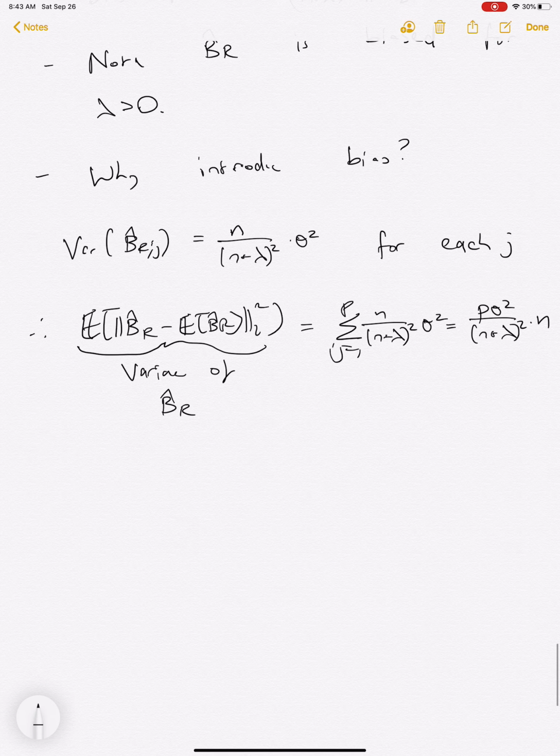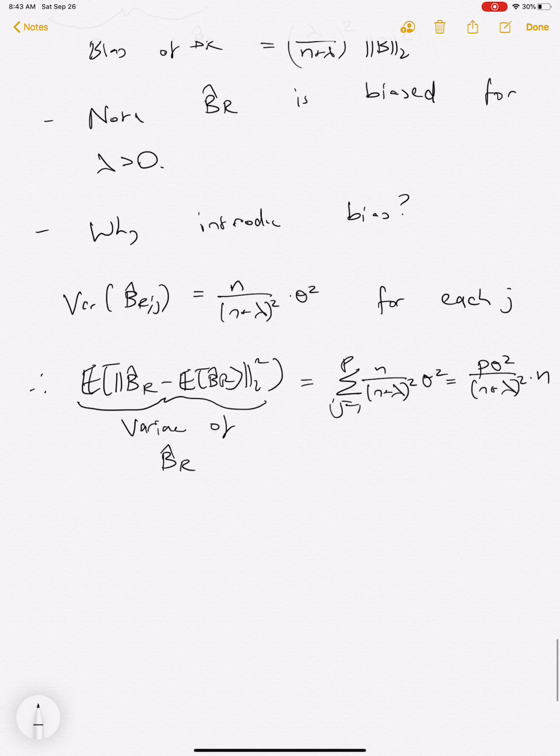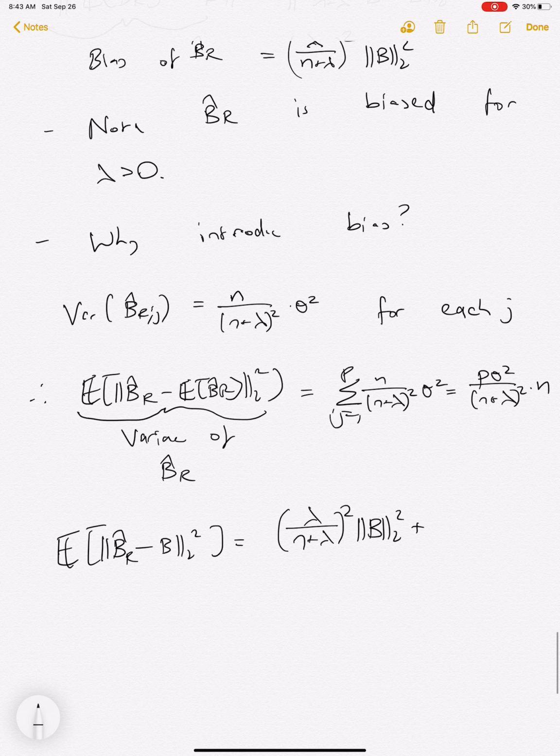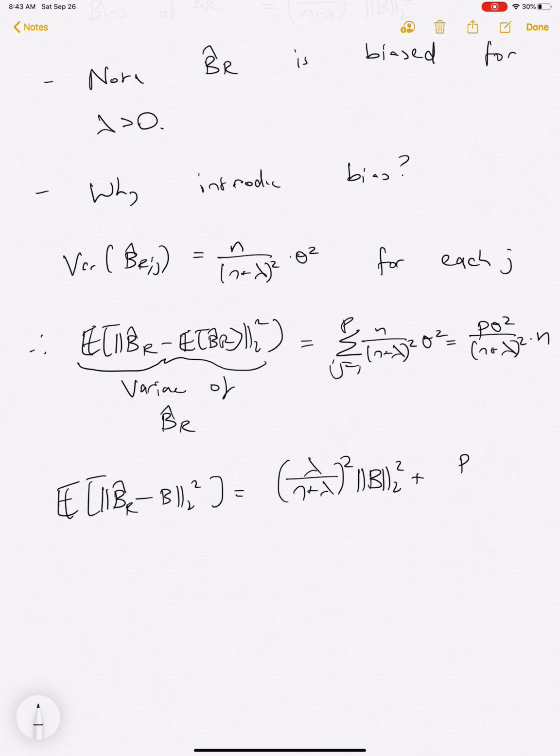Okay, so the upshot is that we have a bias term plus a variance term.